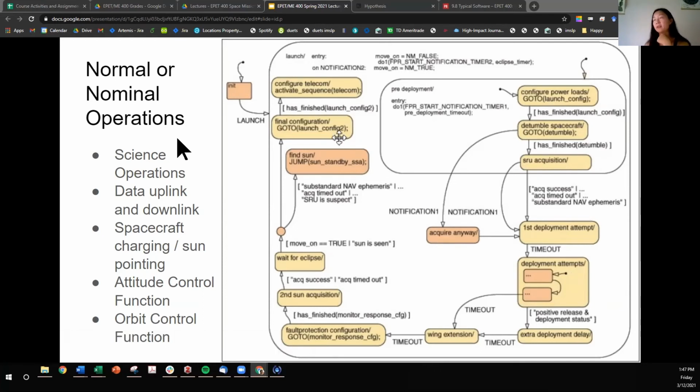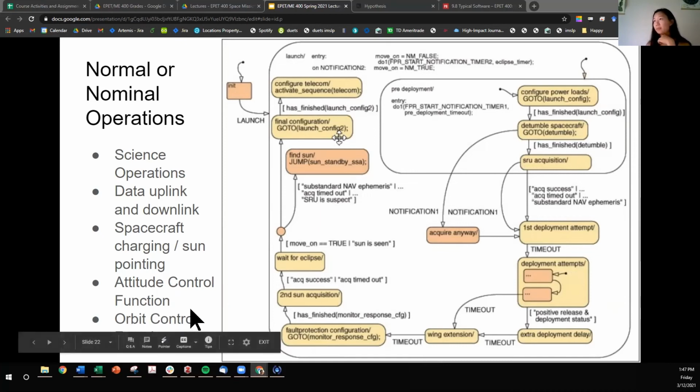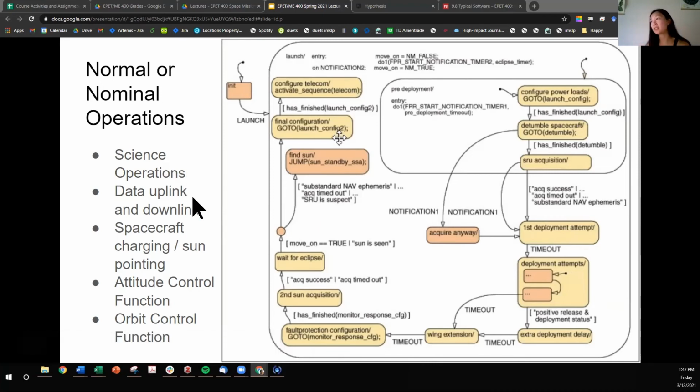Normal operations can include science operations, data uplink and downlink, spacecraft charging and sun pointing, attitude control function or orbit control function. These different normal operations assume that your spacecraft is healthy and that it can conduct mission operations as usual.